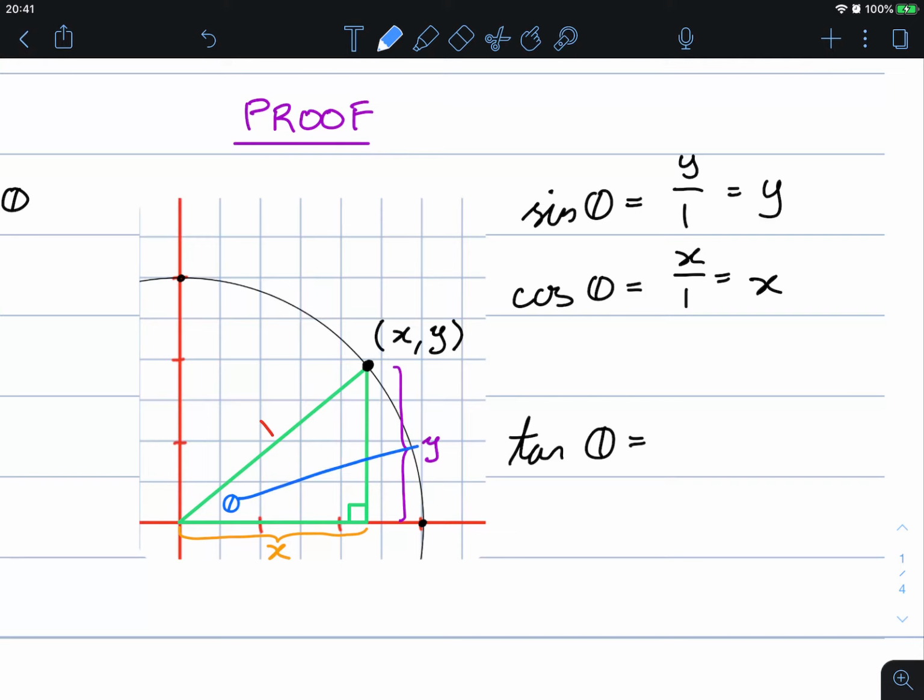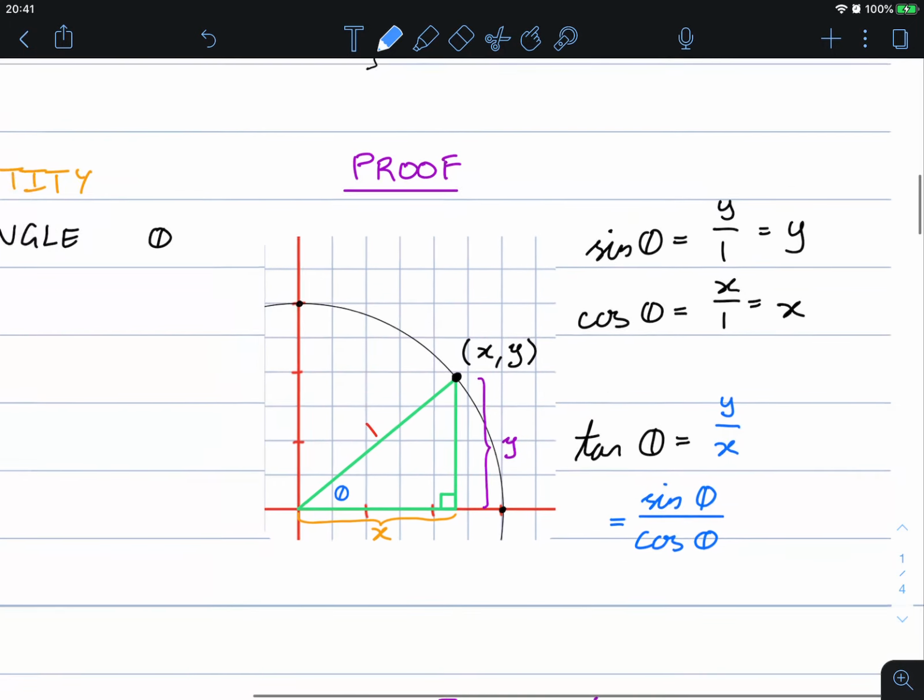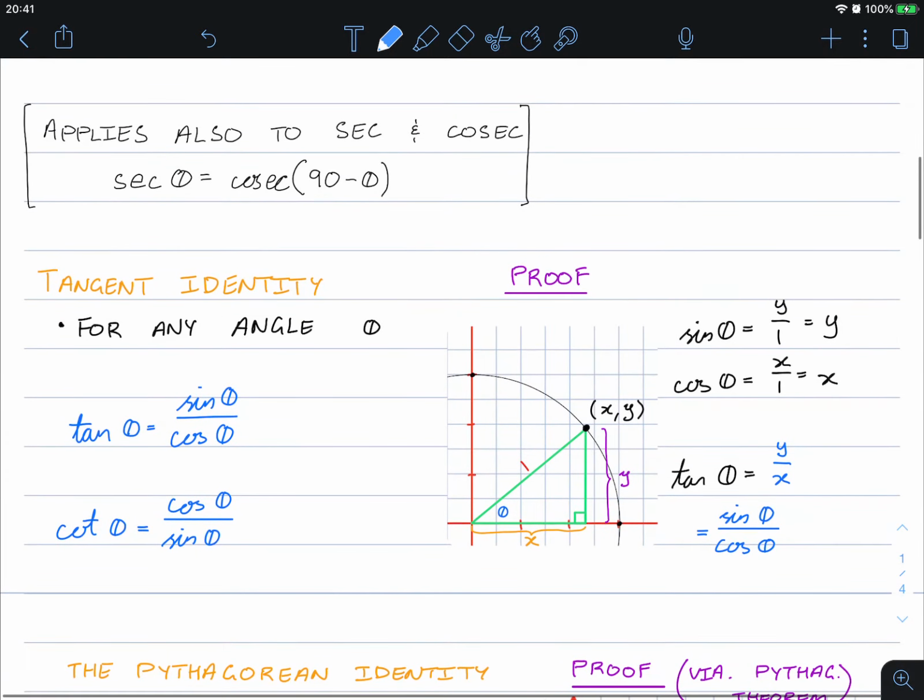Tan is opposite over adjacent, in which case it's going to be y over x. But if you take a look, y is equal to sine, and x is equal to cosine. And as we know from the reciprocal of tangent, cot of theta is just the reciprocal of this ratio as well.